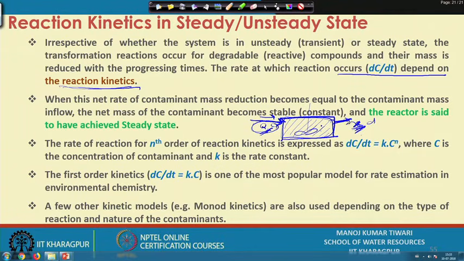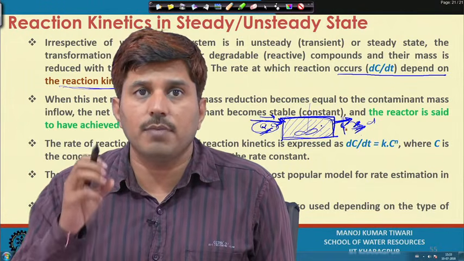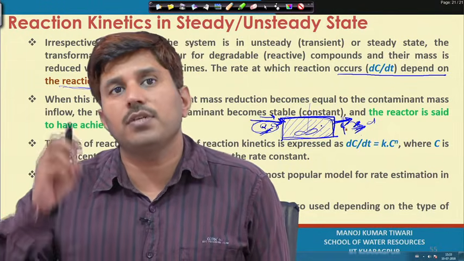So, your outlet concentration will become stable; it could be different from the inlet, but it will not change with respect to time, because in unit time whatever extra pollutant is coming into the system, the same amount is getting destroyed.